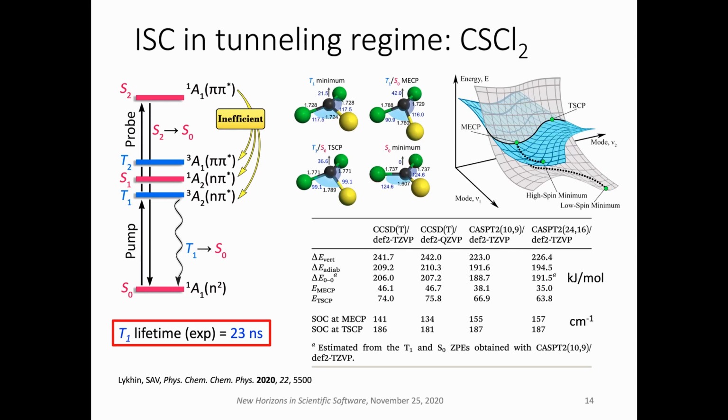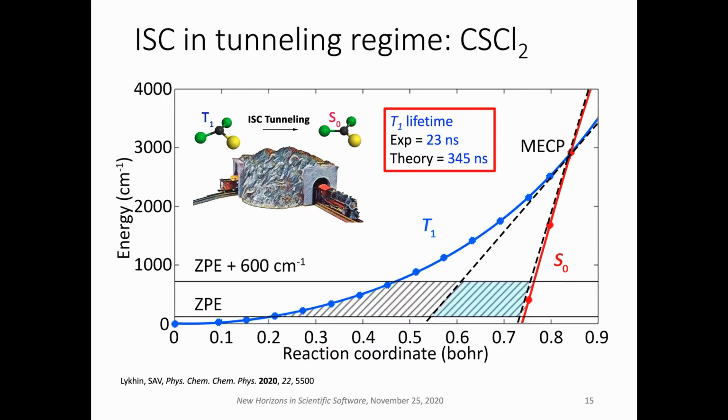Most of the predictions before that, done with a simple Fermi golden rule type approach, were predicting something like 3 orders of magnitude faster transitions. So we did very accurate coupled cluster and CASPT2 calculations with large active spaces. And we were able to demonstrate that all these transitions between triplet and singlet states happen in the tunneling regime. There is not enough energy in the experiments to reach the minimum energy crossing point.